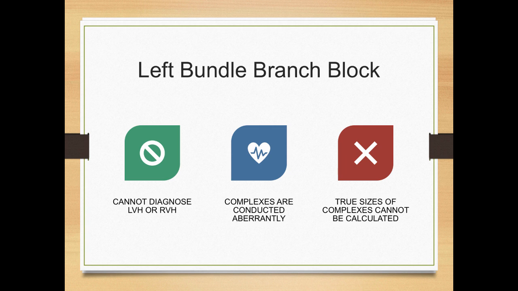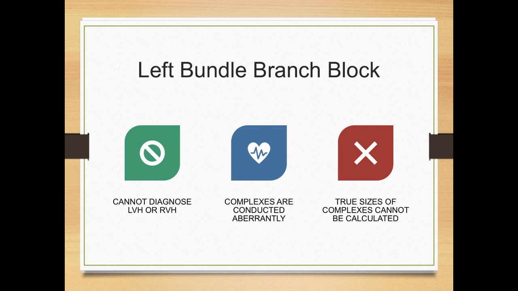If you have a left bundle branch block, we cannot diagnose left ventricular hypertrophy or right ventricular hypertrophy from the 12 lead itself. Because the true sizes, the amplitudes of these complexes, we can't calculate that, because it's not the true complex; it's this aberrant conduction because of the left bundle branch block.